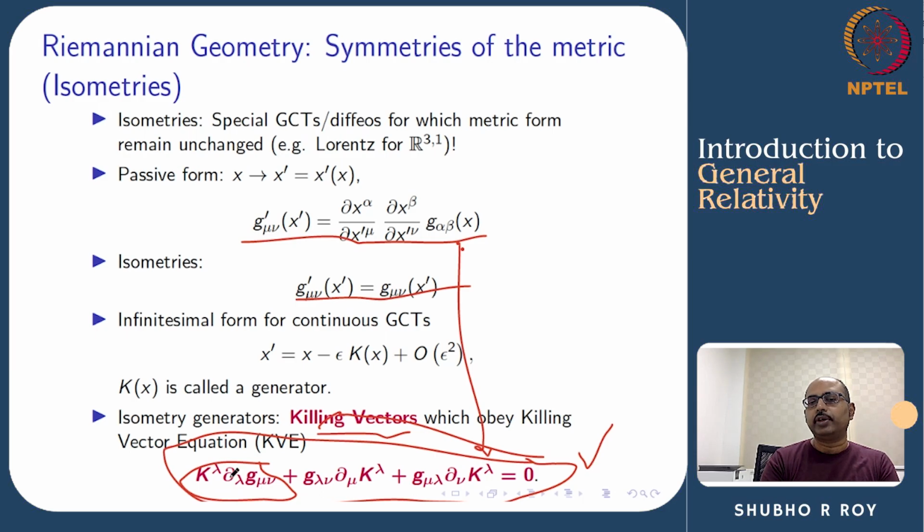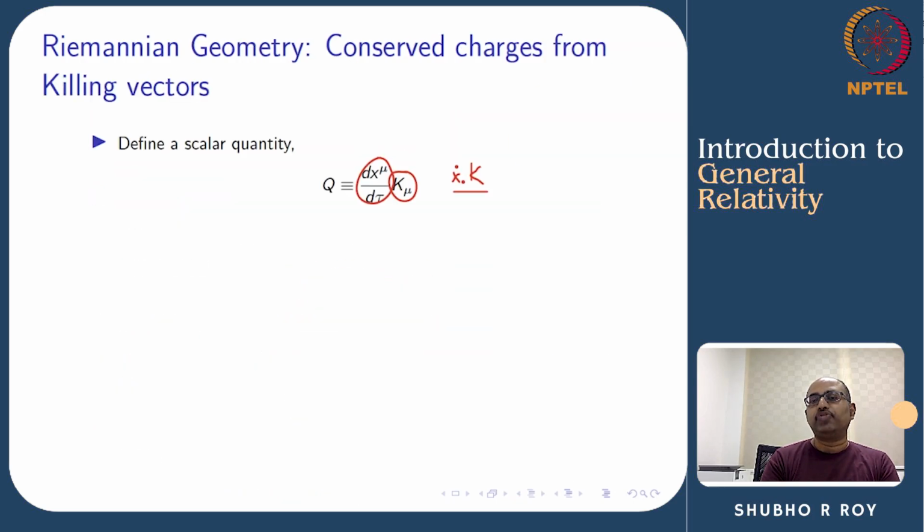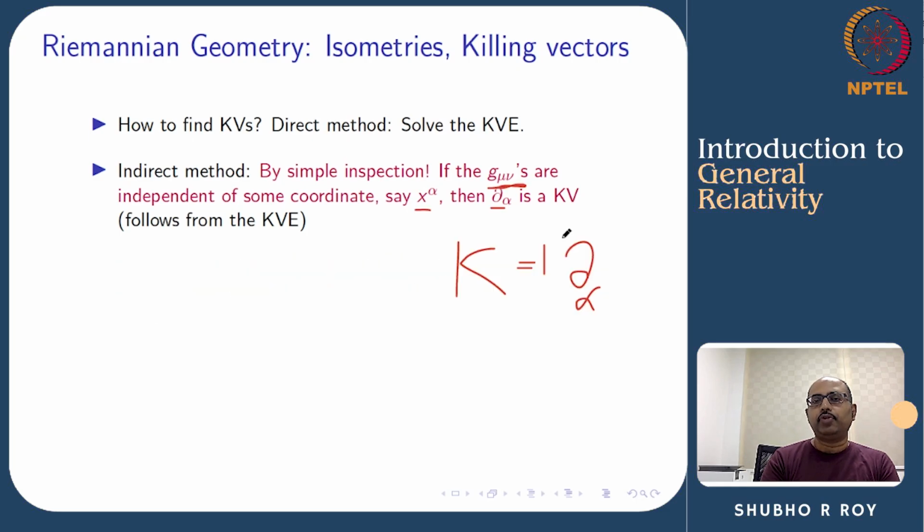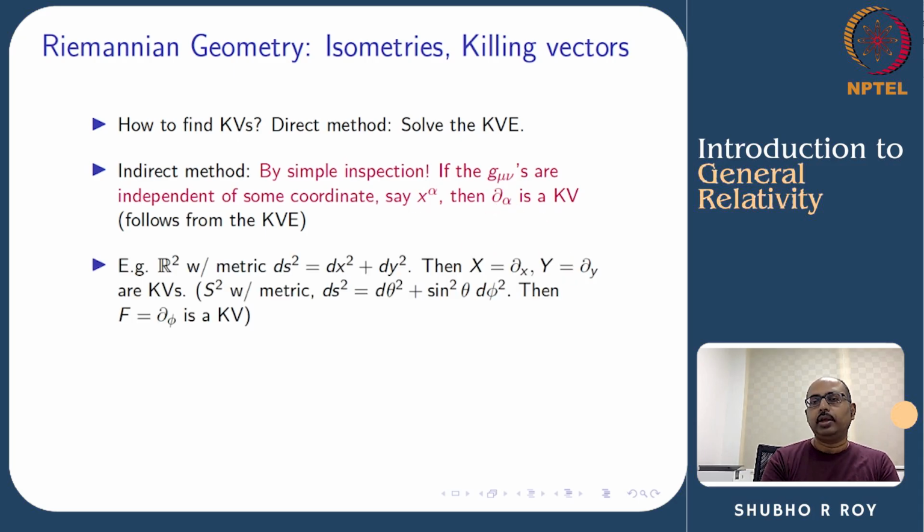So the derivative of the metric component with respect to alpha is also 0. All three terms vanish, and the Killing vector equation is trivially satisfied. Hence, this is one rule: by simple inspection, if the metric components do not depend on some particular coordinate x^alpha, then del alpha is definitely a Killing vector.